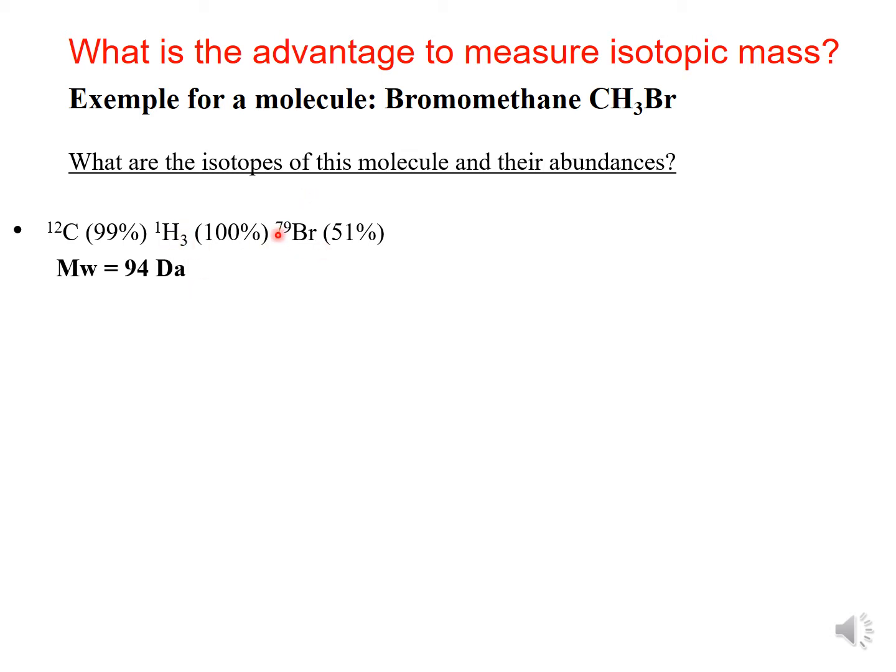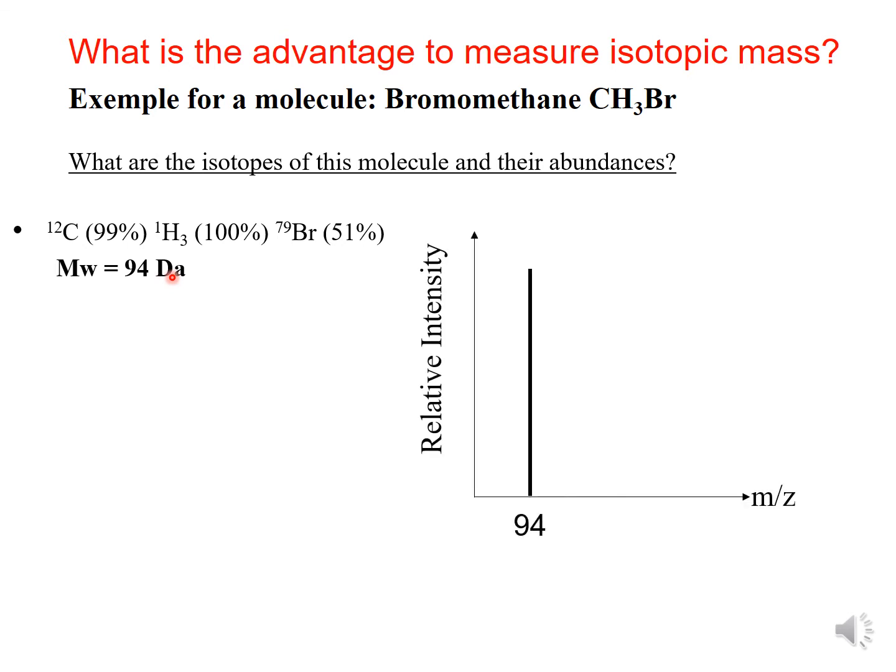And we have the bromide, which is bromide 79, and the relative abundance is 51%. The monoisotopic mass corresponds to the carbon 12, 1 times 3 of course, and 79. It means that we have a mass of 94 Dalton.